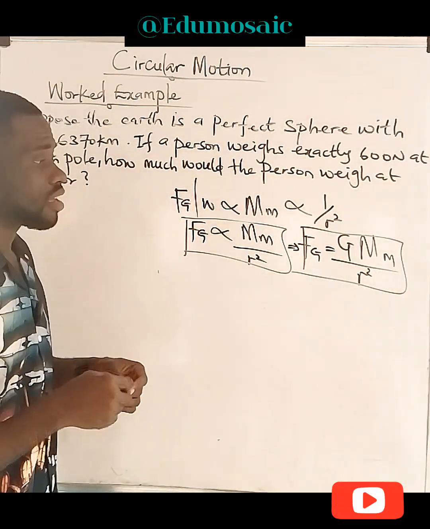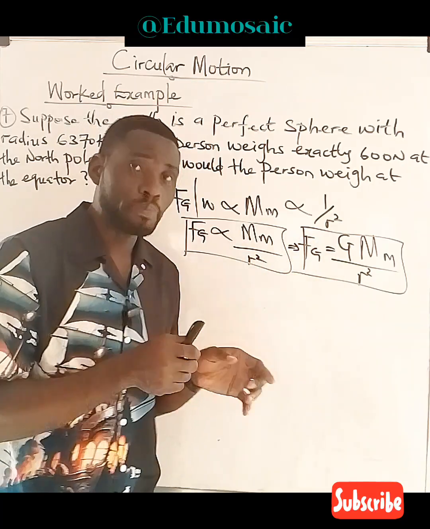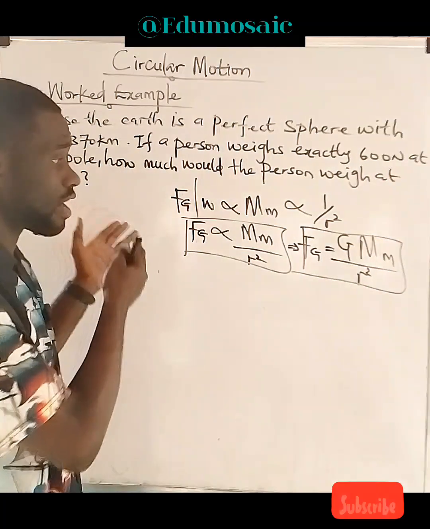Now, we're going to be looking at gravitational field in the next couple of lessons, so we're not going to go too deeply into it. I'll just show you a couple of formulas that will help you understand what we're about to solve here on the board.